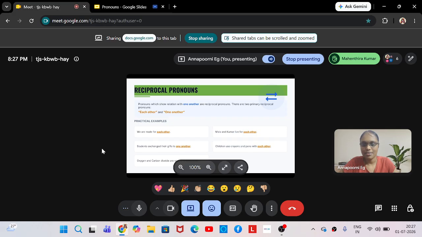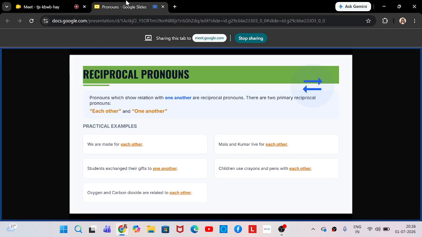Students exchanged their gifts to one another. One another means again each other only. Students exchanged their gifts each other. So when you are writing each other, the word 'to' அங்க தேவையில்லை. Students exchanged their gifts each other அப்படின்னு போரும். But if you're writing one another, you can write students exchanged their gifts to one another. Again, it means ஒண்ணுக்கு ஒண்ணு அவங்க exchange பண்ணிட்டாங்க.